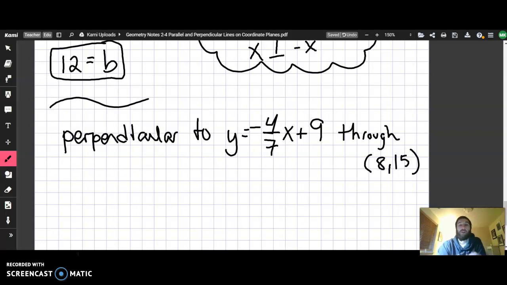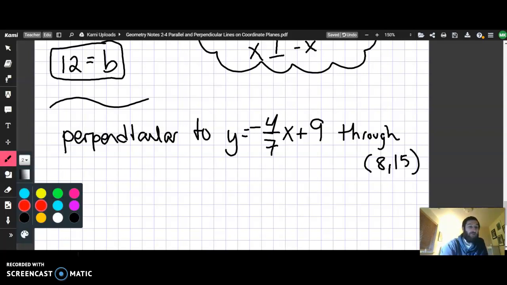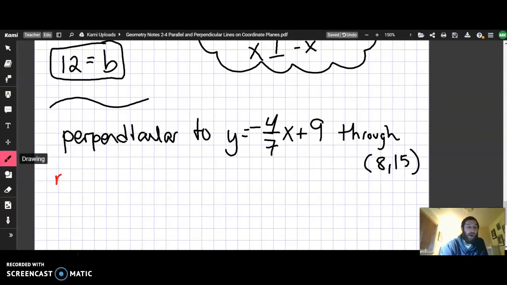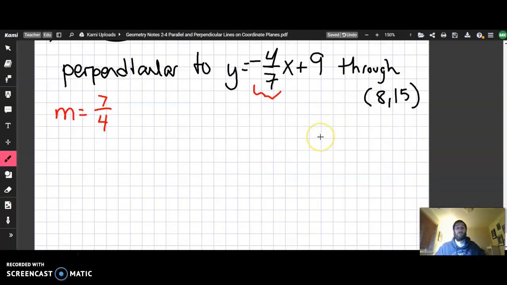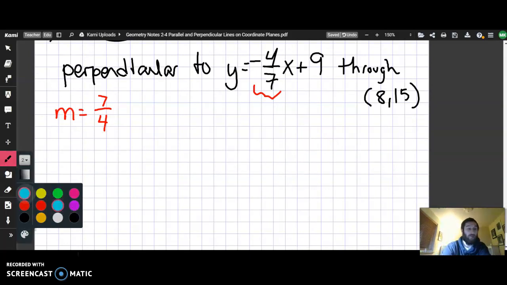So, ladies and gentlemen, first things first, perpendicular with our slope. It's going to be the opposite reciprocal. So let's tackle that first. Our new m from our -4/7 is going to just be 7/4. Perfect. Now let's plug that into our equation and solve for b.